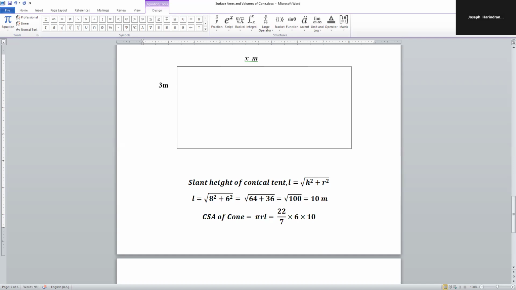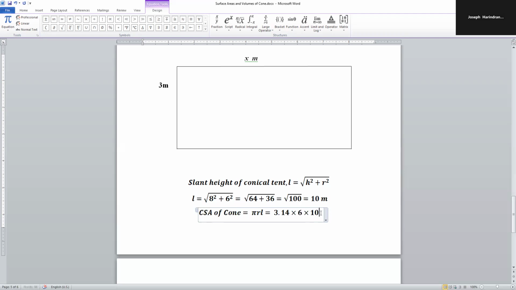Oh, sorry. We have to take it as 3.14. Pi is equal to not 22 by 7, it's 3.14. It is given in the question. Sometimes we miss that detail. We must be very careful to note whether pi is mentioned or not in that question. So pi is equal to 3.14 into 6 into 10, 31.4 into 6.